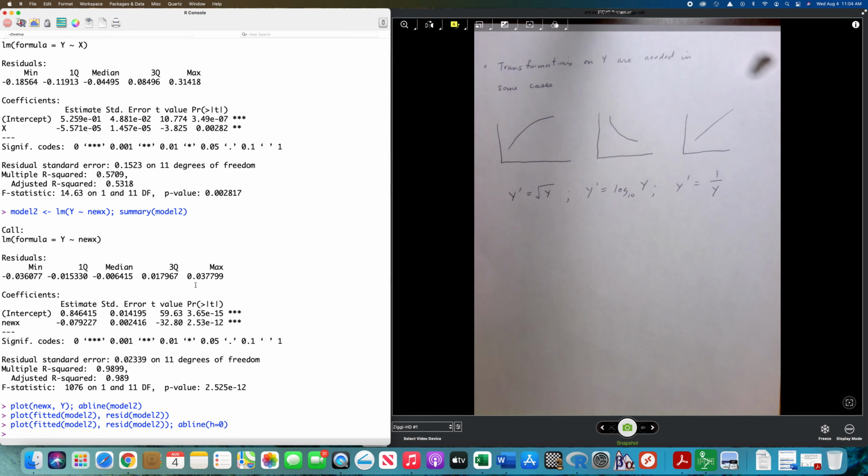Now, what would I do in that case if I had that model? And if you remember, I was using ACT to predict first-year college GPA. Well, I would completely scratch out the simple linear regression or multiple regression models. I would dichotomize the dependent variable.